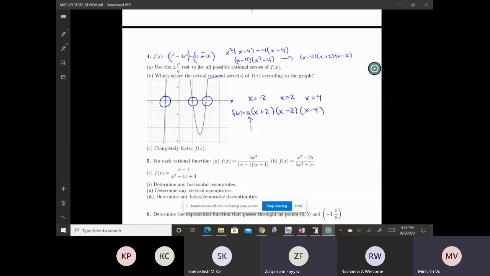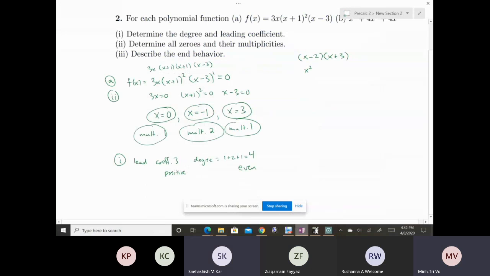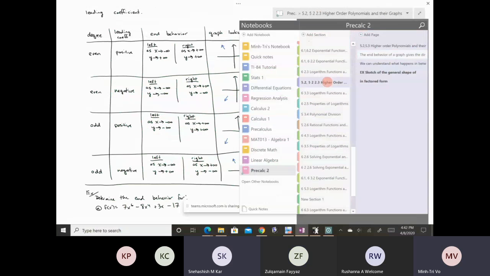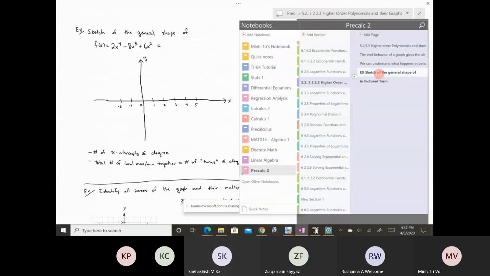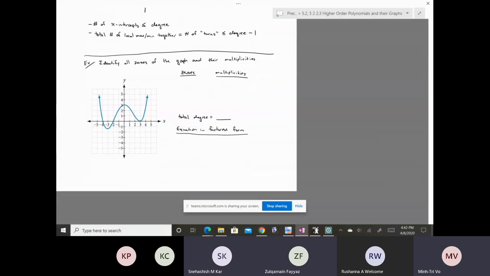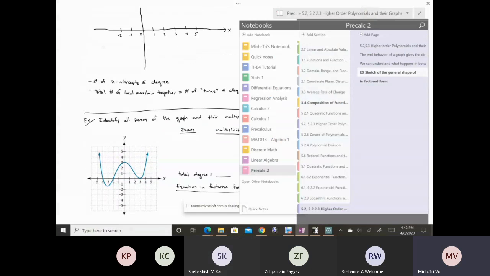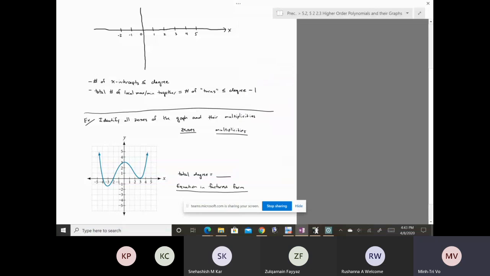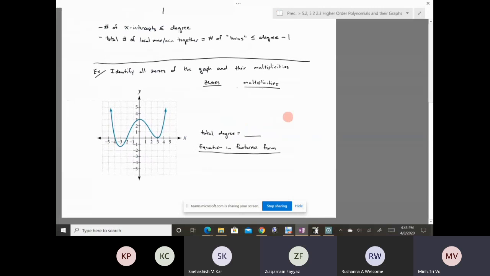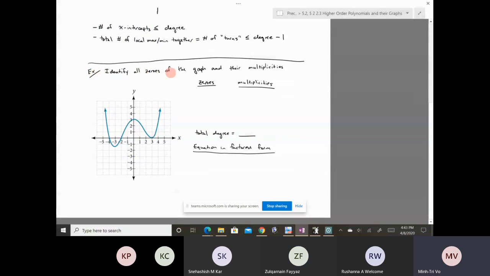But if you look at the example from section 5.2, on page 4 of the section 5.2 worksheet, at the bottom, you have essentially the same example.